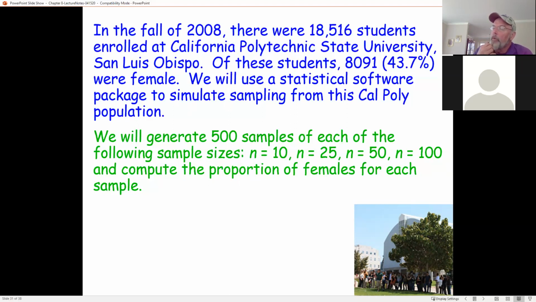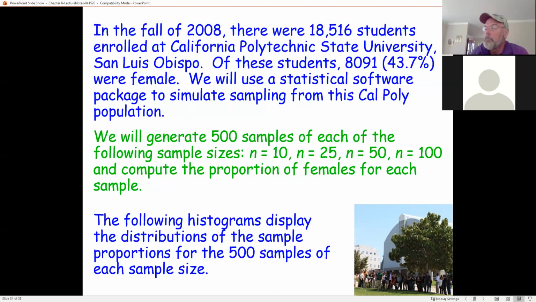And we're going to compute the proportion of females for each sample. So the next page will show the histograms that go along with the 4 different sample sizes that we are thinking about.